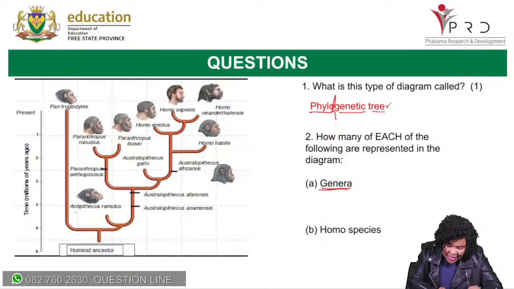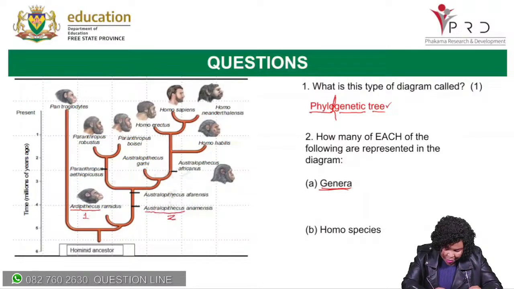The first genus is Ardipithecus, that will be 1. Then Australopithecus, that is 2. This other Australopithecus we cannot number because it's the same as this one. Then you have Paranthropus, 3. Then you have Pan, 4.